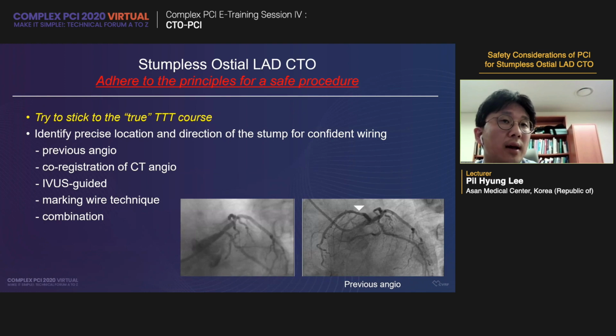With all these technical challenges and safety concerns in mind, several recommendations can be made when dealing with a stumpless ostial LAD CTO. To stick to the true TTT course, we should use every piece of information and modality we have to identify the precise location of the stump and course of the vessel.